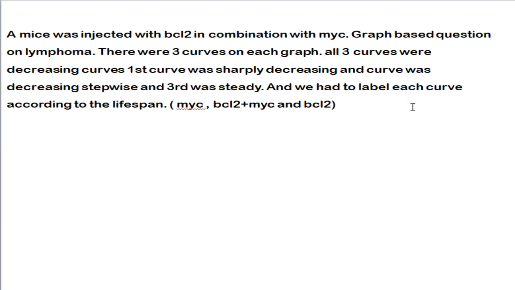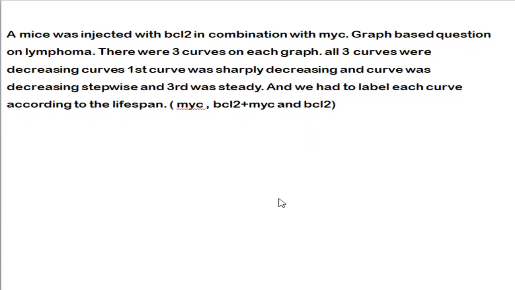Next is again an apoptosis kind of question they had asked. They had given three graphs: graph 1 is decreasing, graph 2 is decreasing gradually and graph 3 was steady. The first graph is MYC, the second graph is BCL2 plus MYC and the third graph is BCL2, because BCL2 is anti-apoptotic.